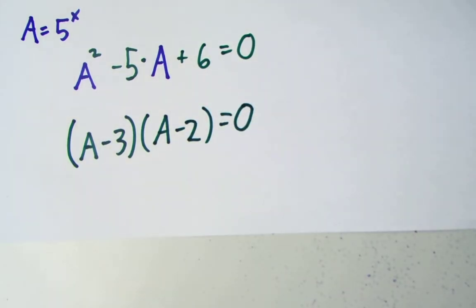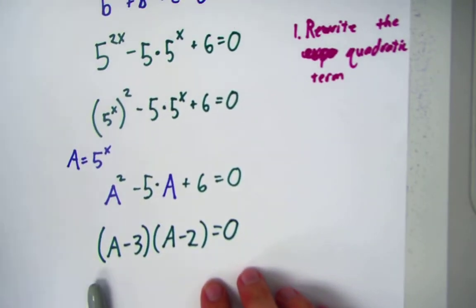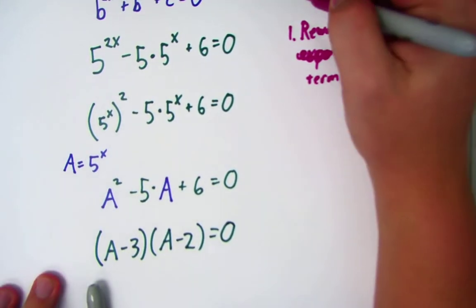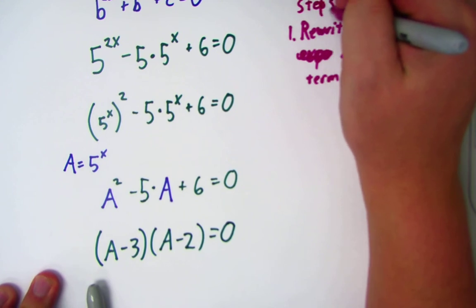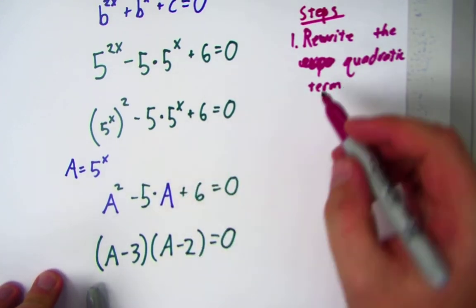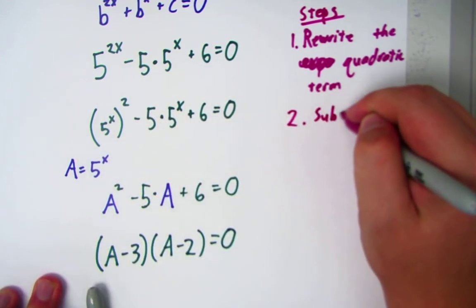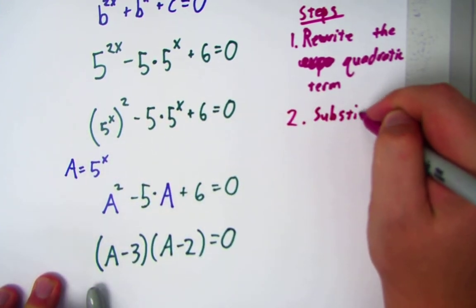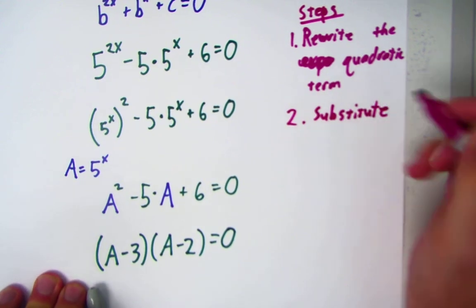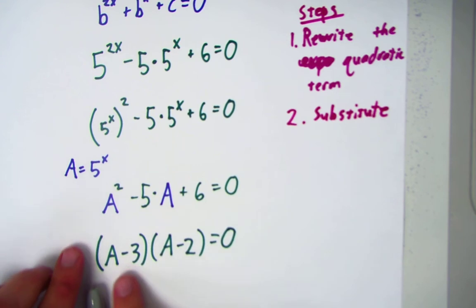I've been totally neglecting to keep you updated on the steps. Before, my plan was to write steps to solve. The steps: one, we rewrote the quadratic term. Next, we did a substitution. That took us to here. And after we substituted, we factored.